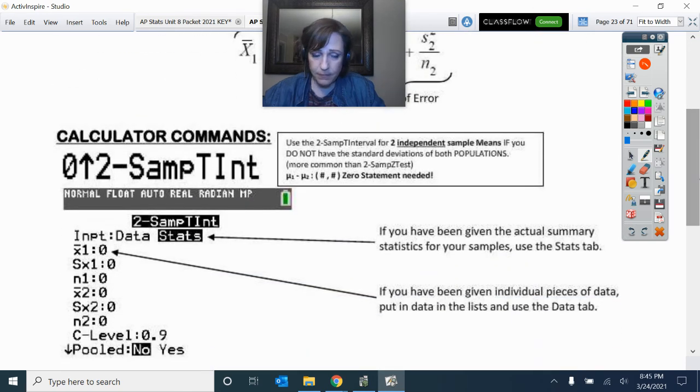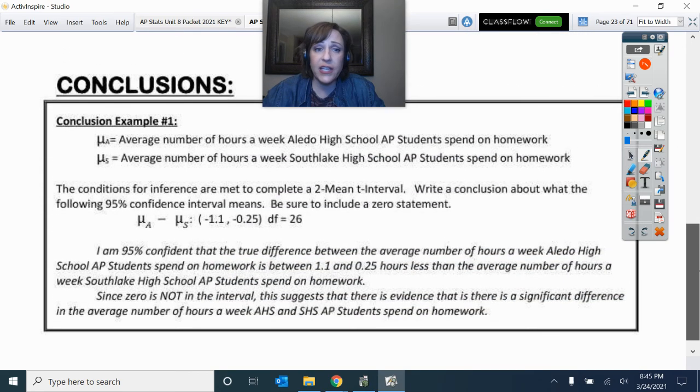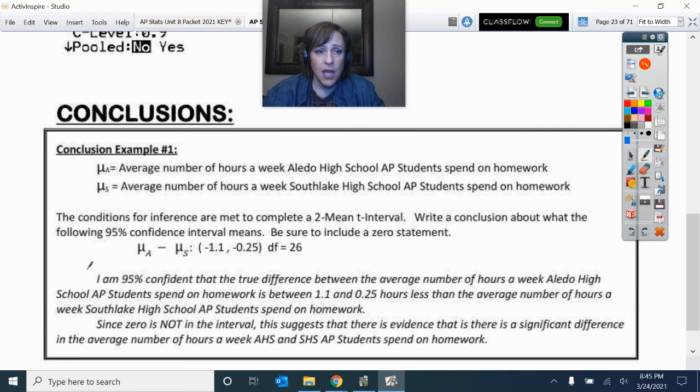This is just written down for you how to use the calculate information, stats versus the data input. I fixed it on the document data. Okay, and then here are some conclusions.